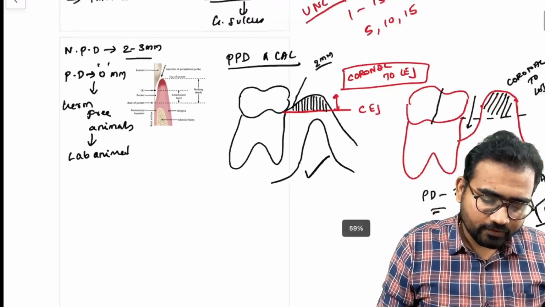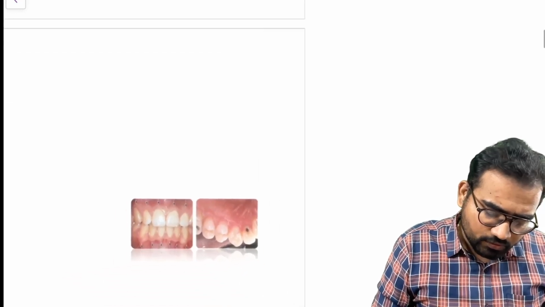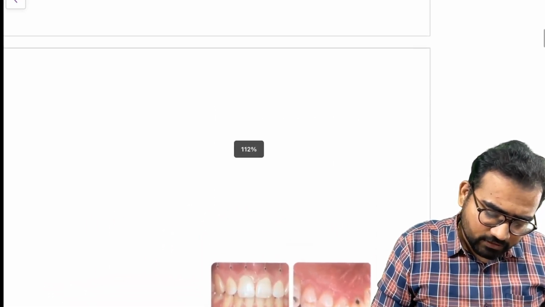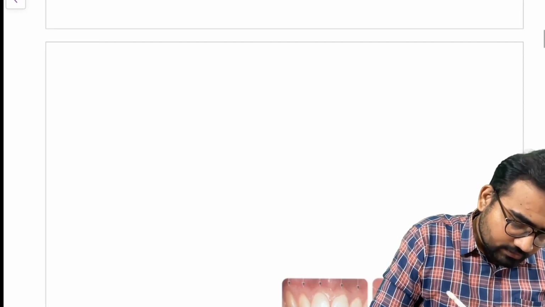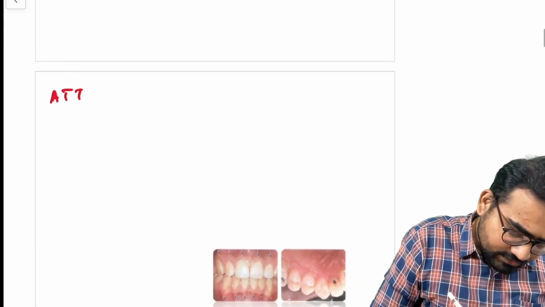Okay, very good. So now moving on to the next aspect of gingiva, which is nothing but attached gingiva.